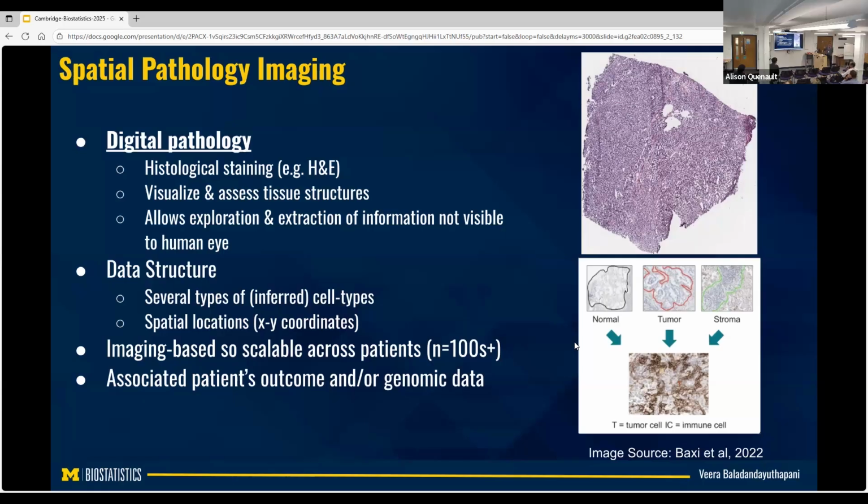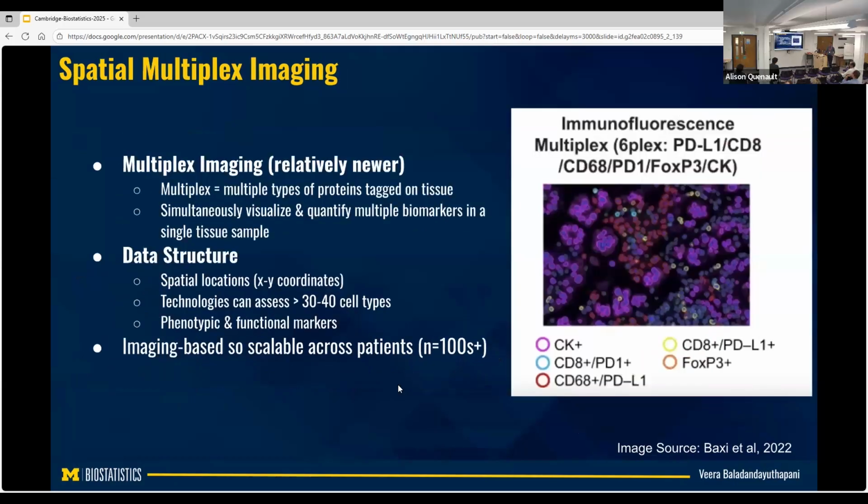Every cancer patient gets imaging done. So you get hundreds and thousands of patients to do the analysis and mine it. And often most have actually outcome data, some kind of survival or response to treatment, as well as associated genomics data that you can correlate with.